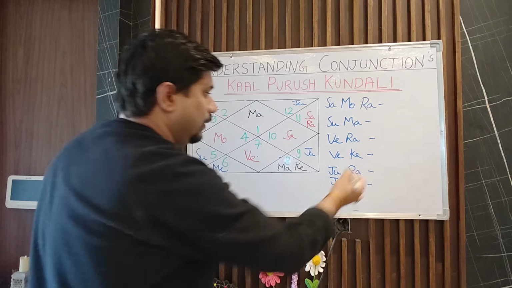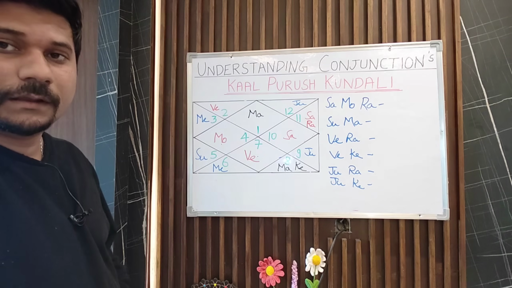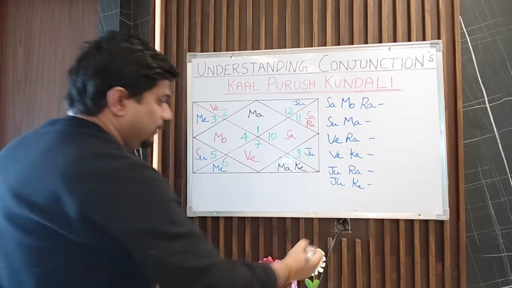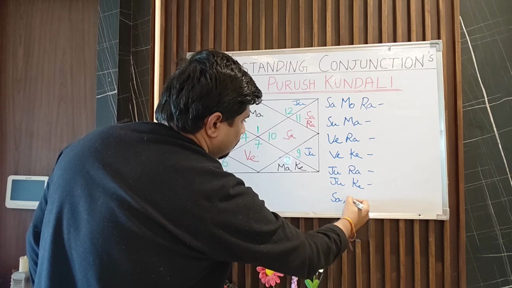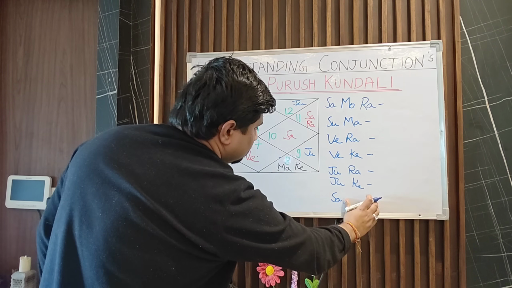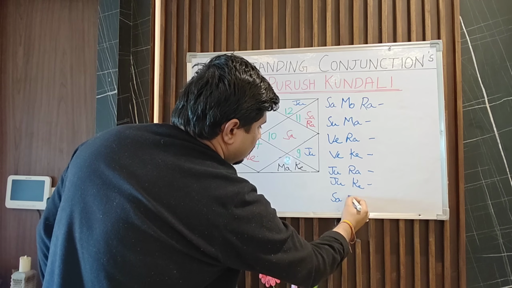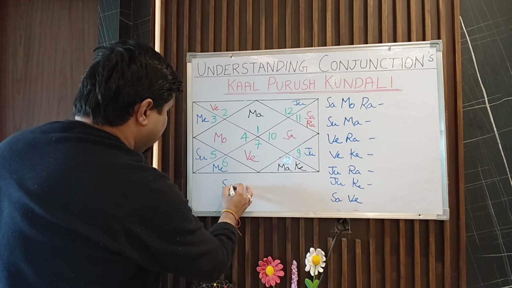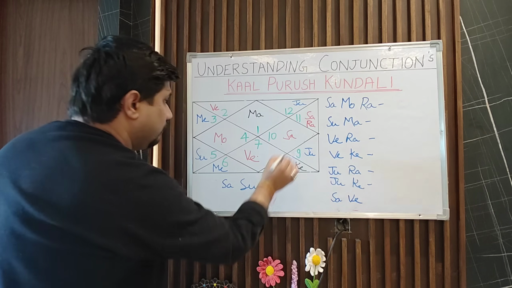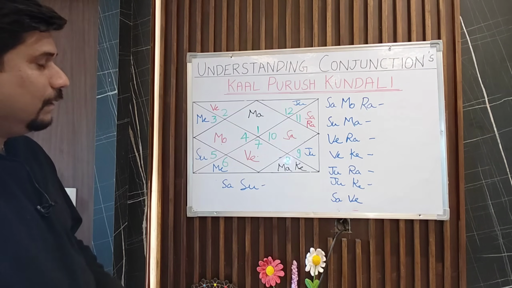What is the difference in that part? Or even if you are having Saturn and Venus, or maybe Saturn and Sun conjunction. So what will happen in that case?